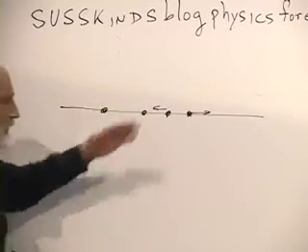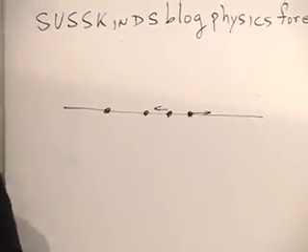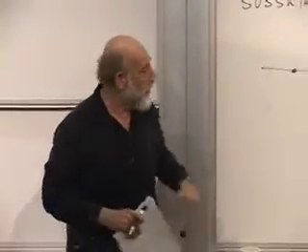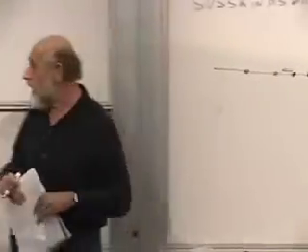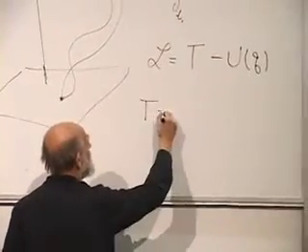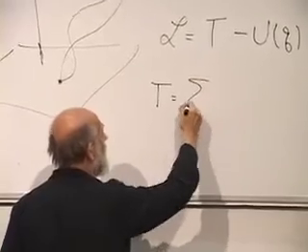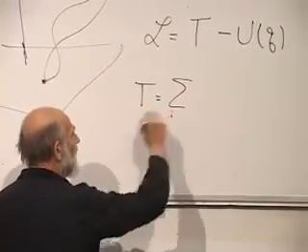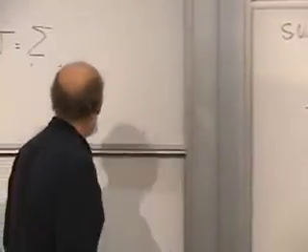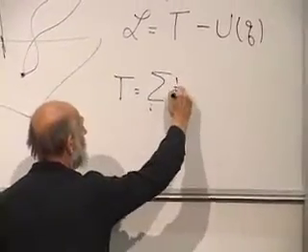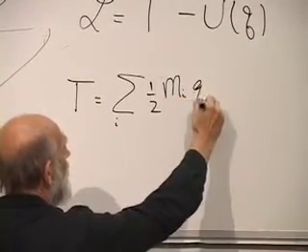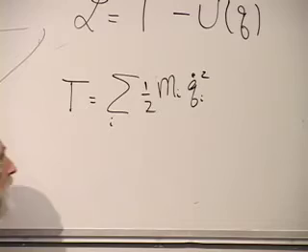Then the Q's would simply stand for the positions of the points along the line. Their velocities would be the Q dots, and their kinetic energy would be 1/2 the mass of the ith particle times the square of its velocity. So we would write that T is equal to 1/2 a sum over I, particles labeled according to I, of the mass of the ith particle times Q sub I dot squared.